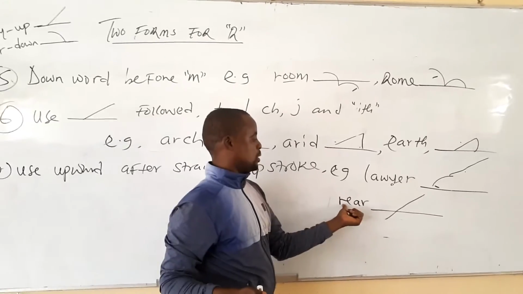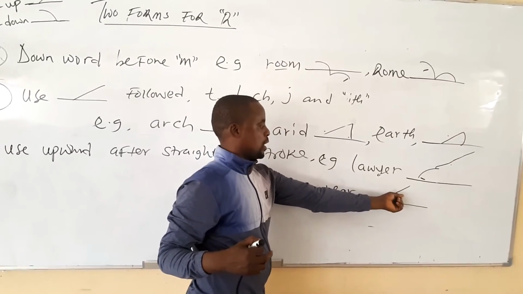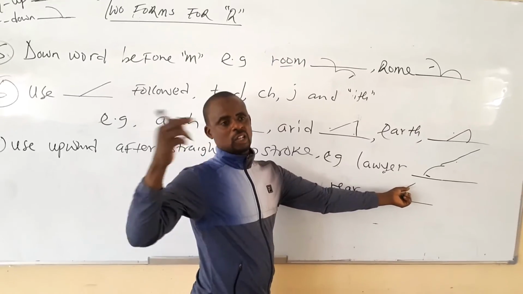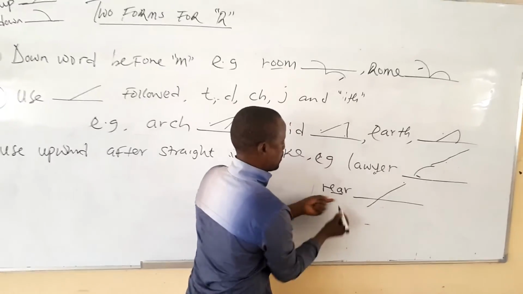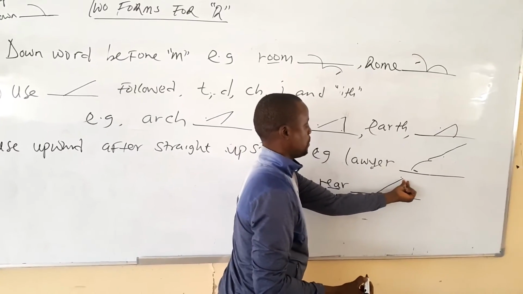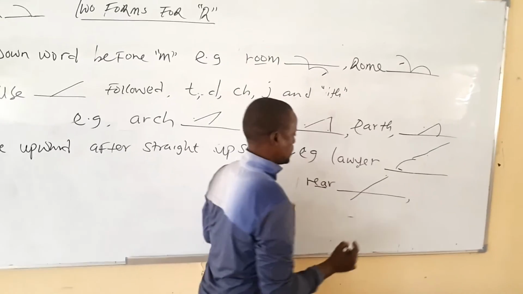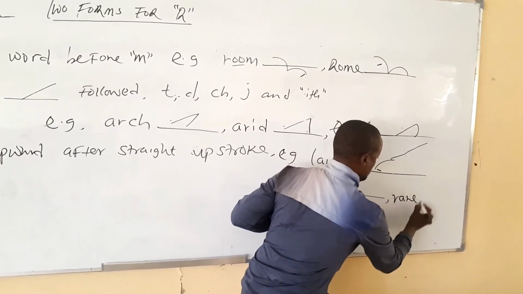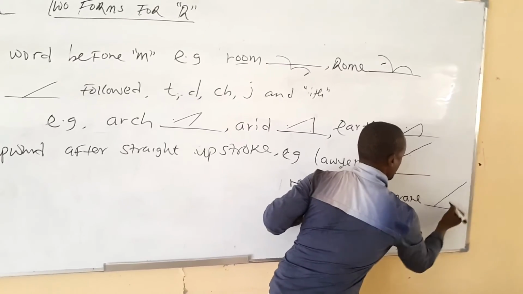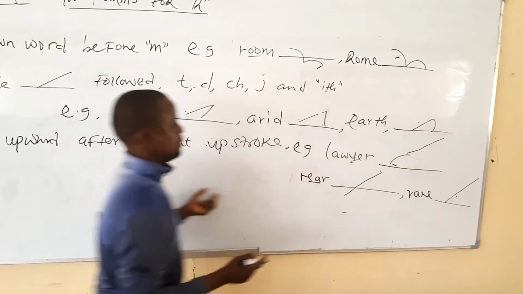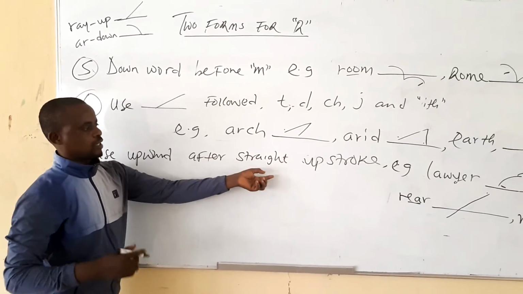That is why the word begins with it, and then immediately after, we have ray, which is a straight up stroke. So here it's like this. Because you have a vowel between the strokes, you can see it inside the position of the second stroke. Okay, let us give another example, we say rare. Rare. This is in the second place. So this is another example where we say use upward R after a straight up stroke.